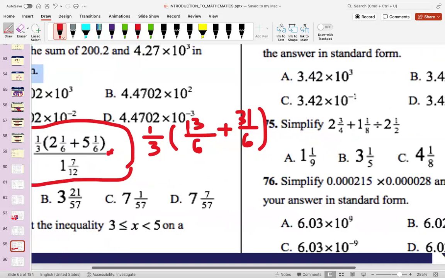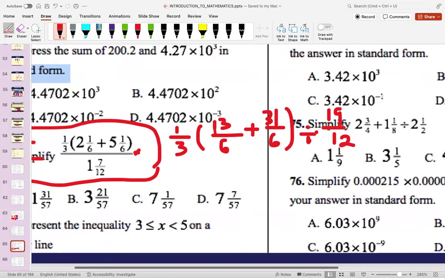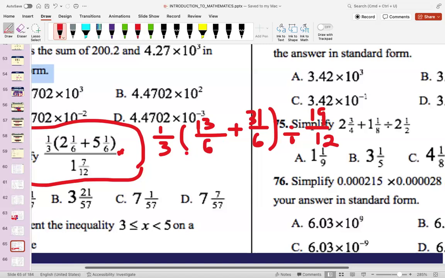So instead of this long divide, we bring divided by this way, and then we can change this one. 12 times 1, 12, plus 7, you have 19. So that's 19/12.